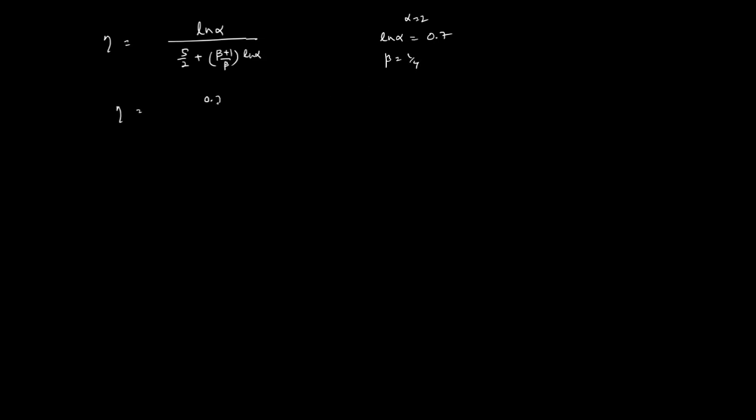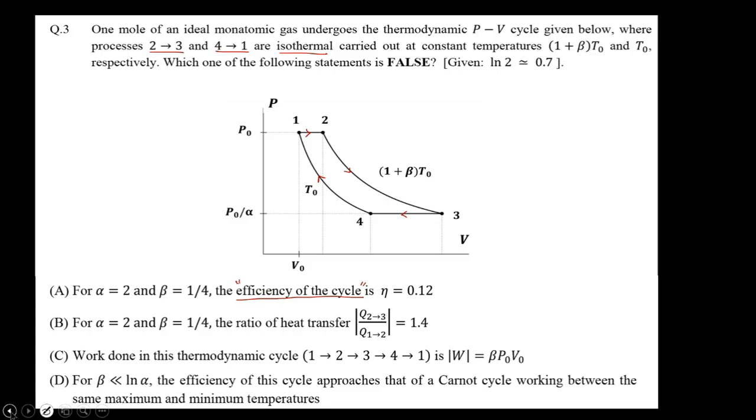I'll get 0.7 by 5 by 2, which is 2.5, plus 1 plus beta by beta. 5 by 4 by 1 by 4 is 5, into 0.7. So I'm checking the first option. 3.5 you'll get, so it is 0.7 by nearly 6, something like 0.12. So the efficiency value is nearly 0.12.